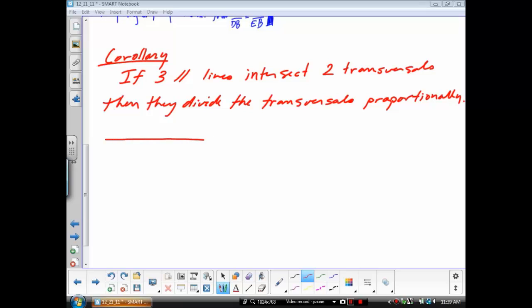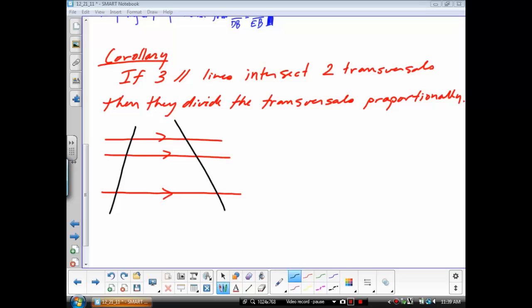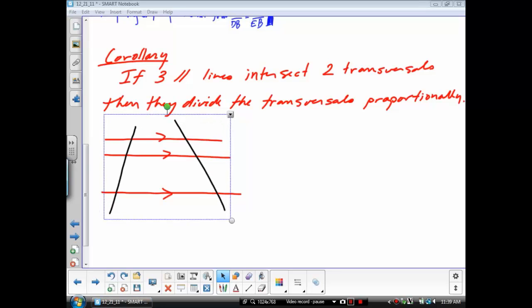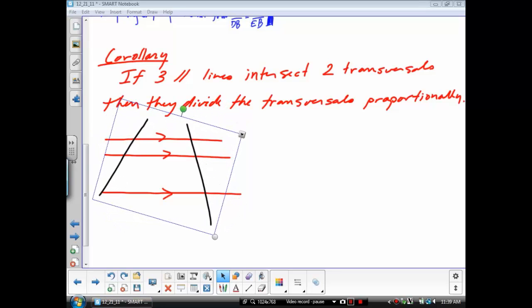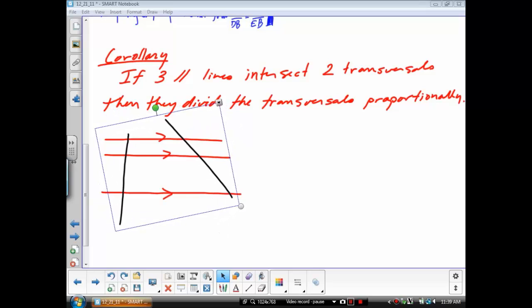So we have three parallel lines. These lines are not necessarily evenly spaced. They are just three parallel lines that intersect two transversals. These transversals can be at any angle. So I could take these transversals and change their angle to any angle, and this theorem or corollary will still be true.